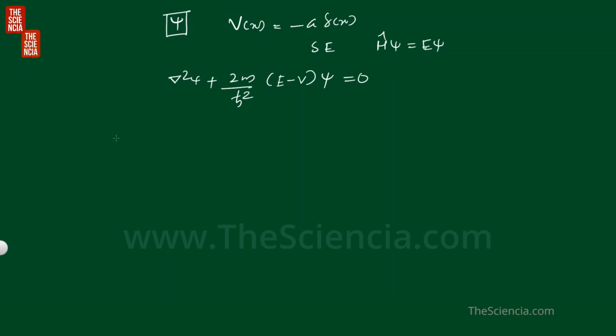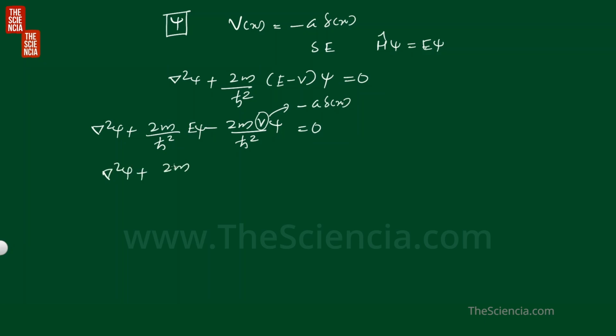Now I can expand this equation, that is del square psi plus 2m by h cross square E psi minus 2m V by h cross square psi equal to 0. Here we know the value of the potential, that is minus a delta of x. So this will be del square psi plus 2m by h cross square E psi plus 2m a delta of x by h cross square psi equal to 0.